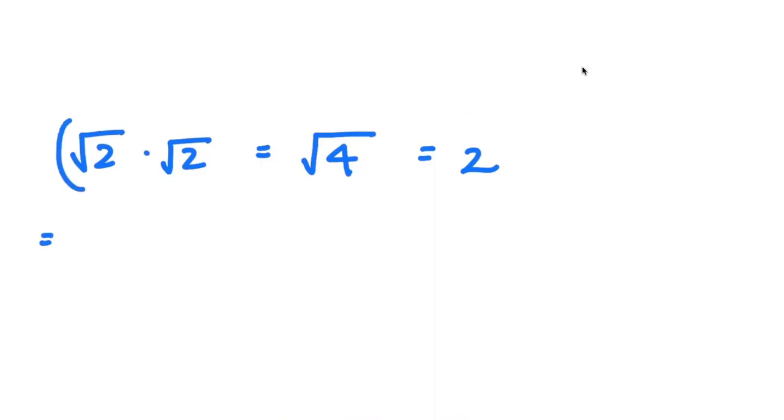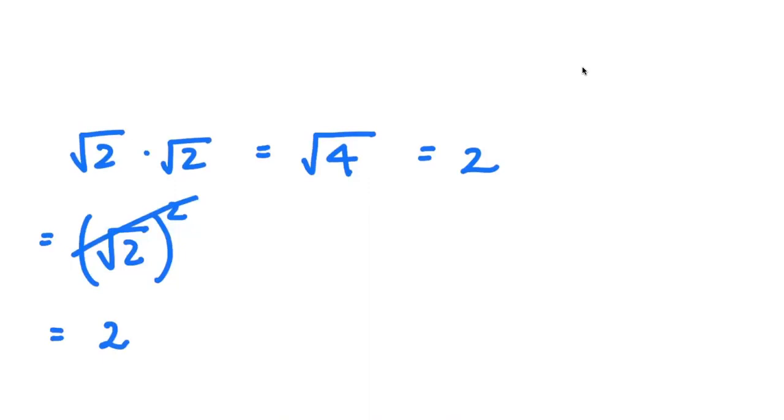Now, when you have square root 2 times square root 2, that means square root 2 is multiplying by itself. And that means it is square root 2 squared. What does it mean by square root 2 squared? Well, the square and the square root are going to cancel each other out, which gives you 2.